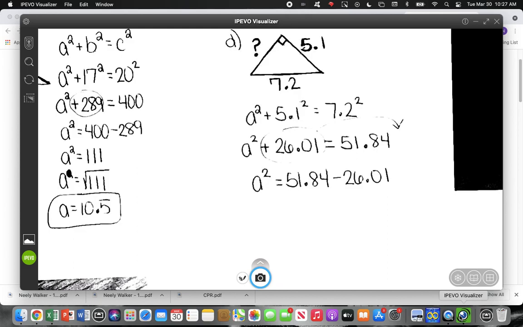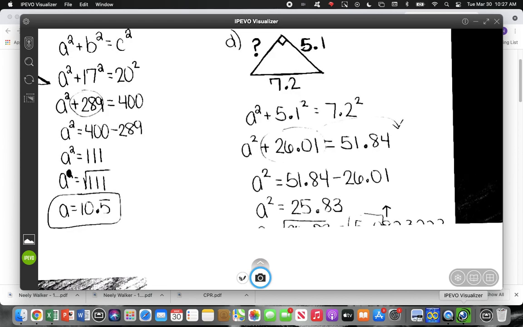What did you get when you subtracted those two numbers? What do you think about that? 25.83? Then what's our last step? Square root of 25.83.